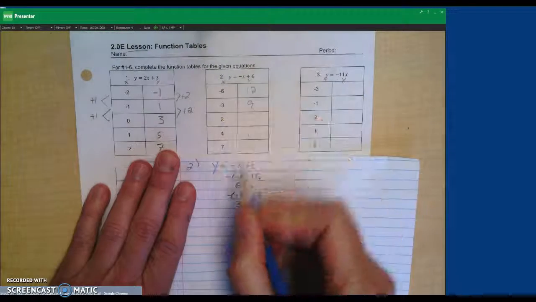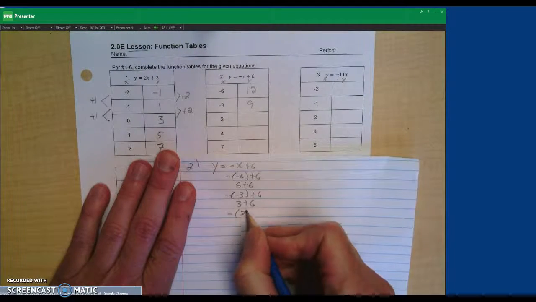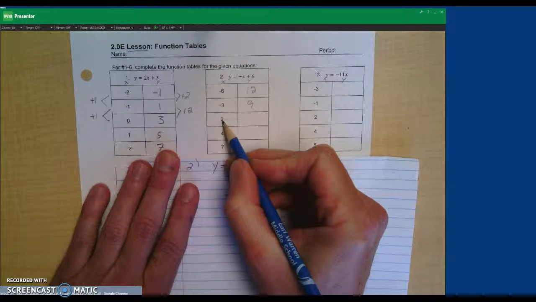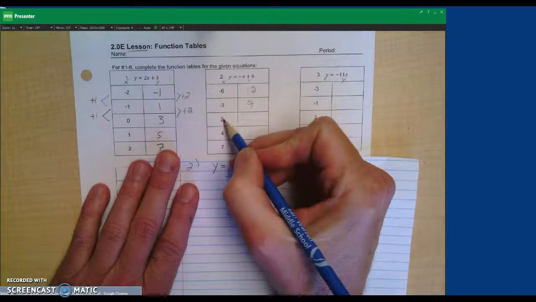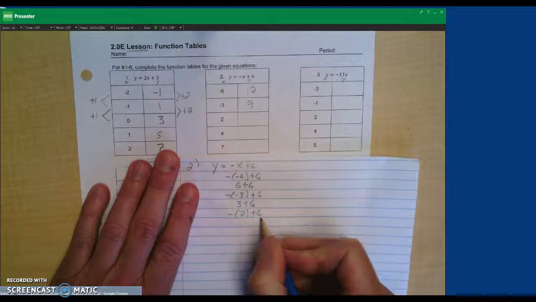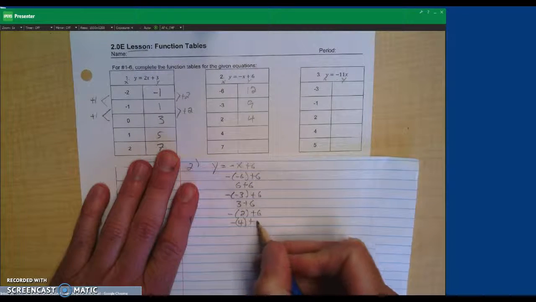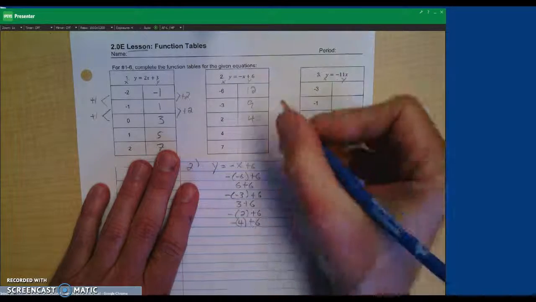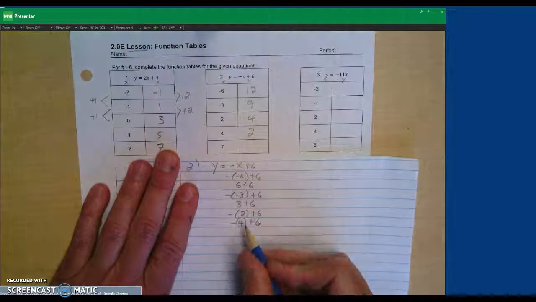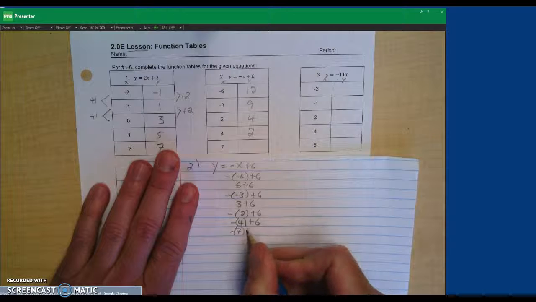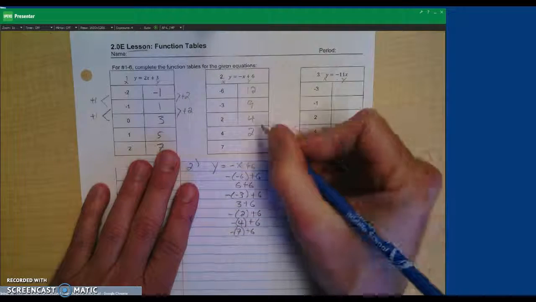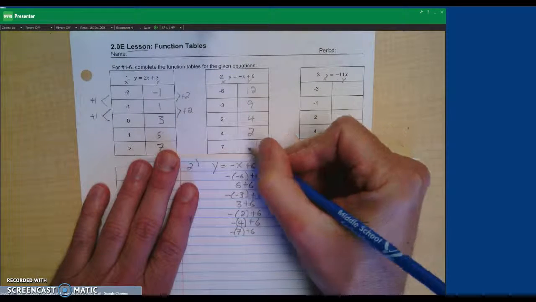Do the next plug in, so 2. Since the 2 is a positive, the opposite of that 2 is negative 2, plus 6 more is 4. Then negative 4 plus 6 more is positive 2. And then negative 7 plus 6 is what? Negative 1.